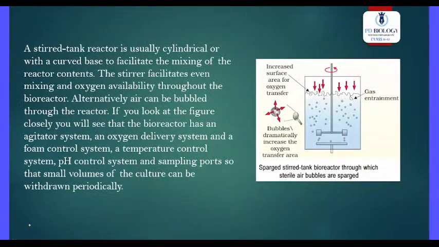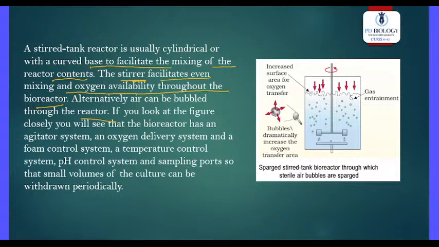A stirred tank reactor is usually cylindrical, or with a curved base, to facilitate the mixing of the reactor contents. The stirrer facilitates even mixing and oxygen availability throughout the bioreactor. Alternatively, air can be bubbled through the reactor.